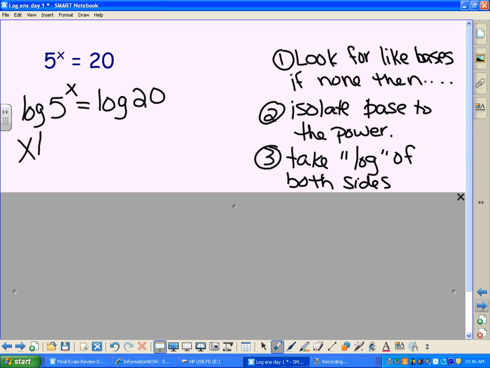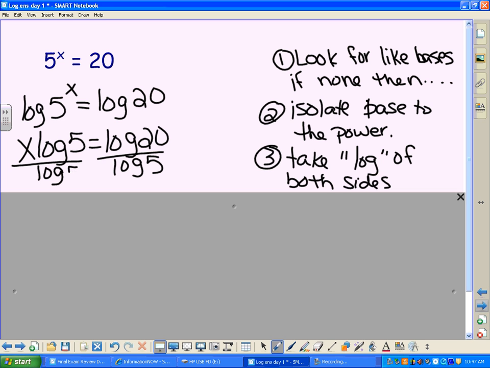So it becomes x times the log of 5 is equal to the log of 20. Why does that help? Well, you could change 20 into 4 times 5, but now we can divide both sides by the log of 5. And x is going to equal the log of 20 divided by the log of 5.